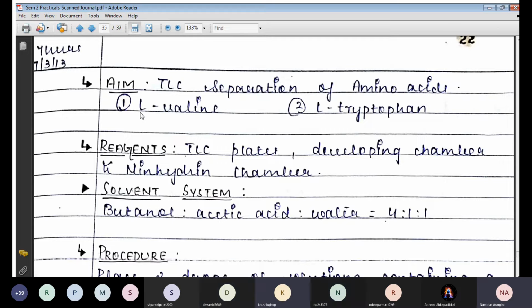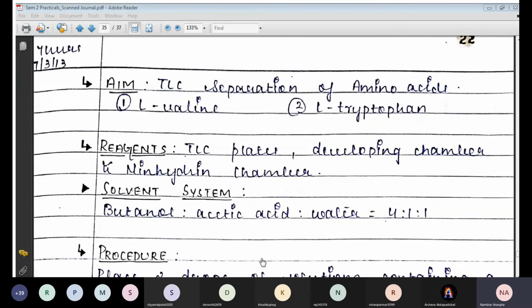Nikhil, you have raised your hand, you wanted to share something? I think in capital L and D, we are looking at whether the OH on the last carbon is on the left side or the right side. Yes, you're absolutely right. In this case, OH is on the left side, so it is denoted by capital L, which is L-valine and L-tryptophan.